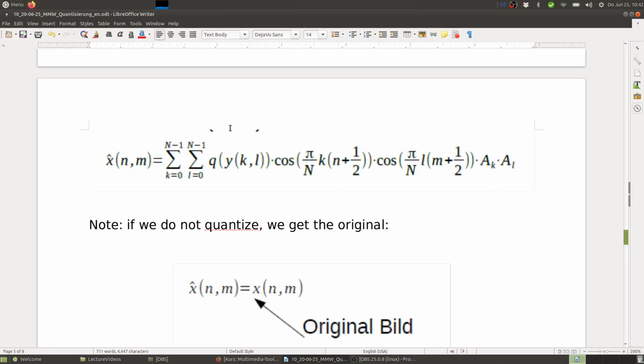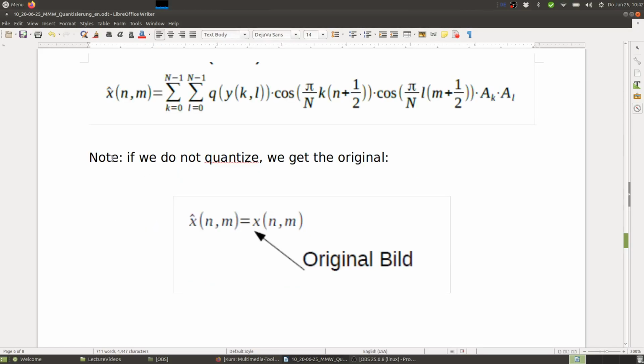So this is the inverse DCT, and X hat is the reconstructed image. X hat because it's not identical to the original X, right? So remember, if we do not quantize, we get the original. In that case, X hat would be identical to X, because we know the inverse DCT gives the exact inverse to the DCT.